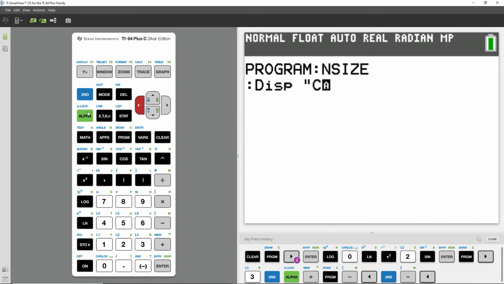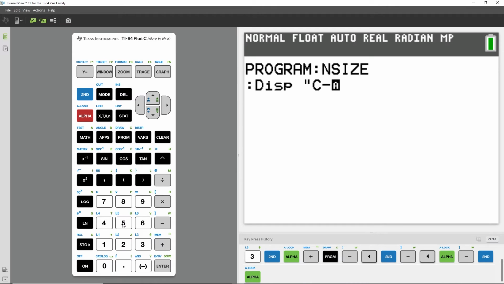C and then level. Back to alpha lock. L E V E L. And let's do a question mark at the end. And then close bracket.